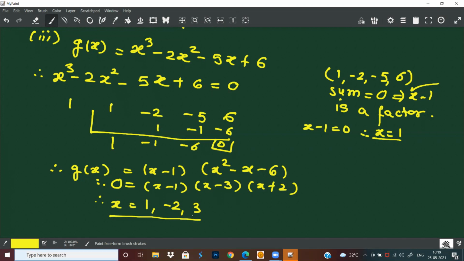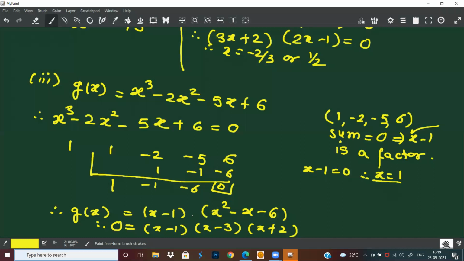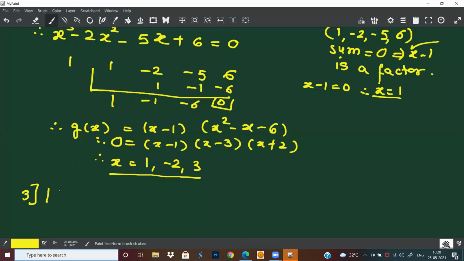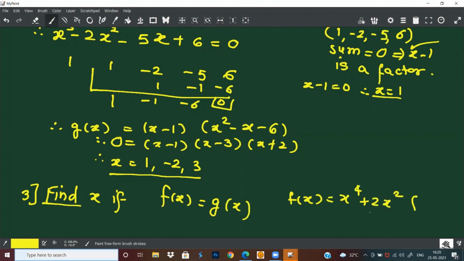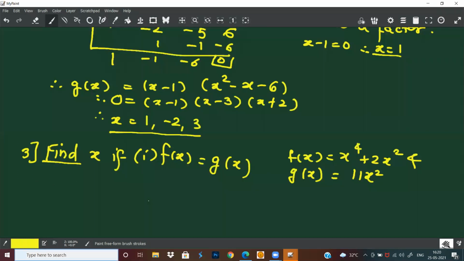Synthetic division I used. Should I do the next?